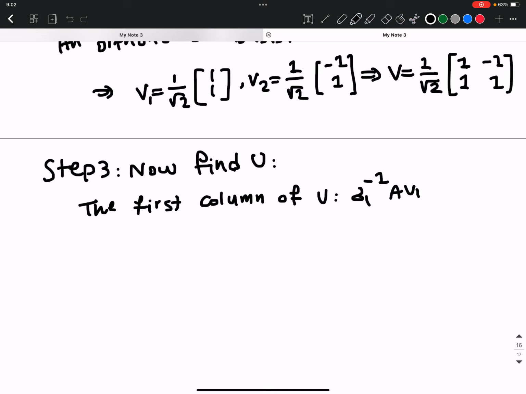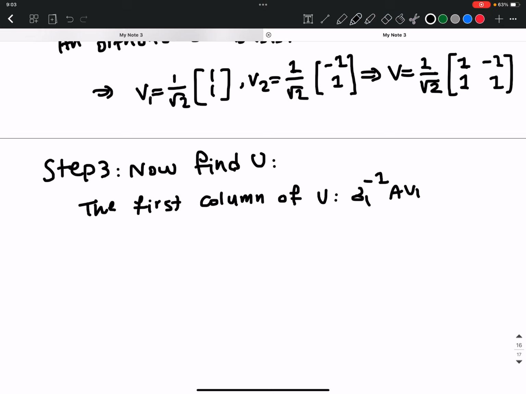You can actually find it very simply from the definition of the SVD and eigenvectors.